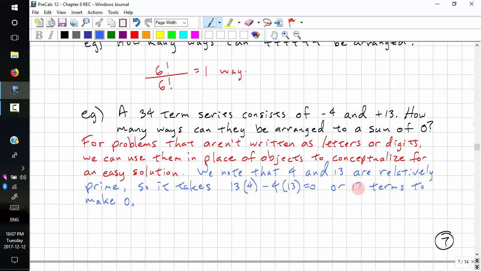And because we have 17 terms, we still need another 17 terms to make 34 terms. So we need to repeat 2 times to get 34 terms.